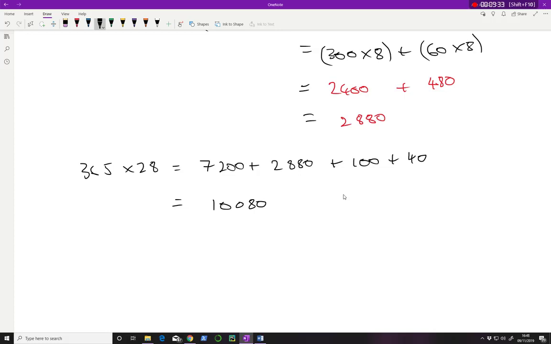Those both together equal 10,000, and I just added the other 80, then plus 140. So altogether I have 10,220 as my answer.